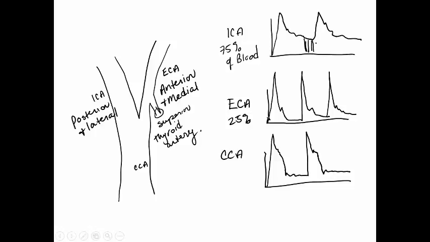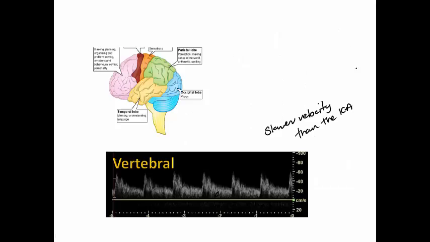So the CCA ends up being a combination of both the ICA and the ECA waveforms. It's feeding a high and a low resistant arterial bed, our brain and our face.